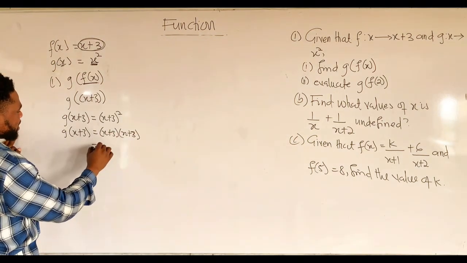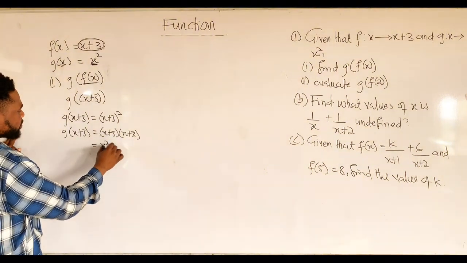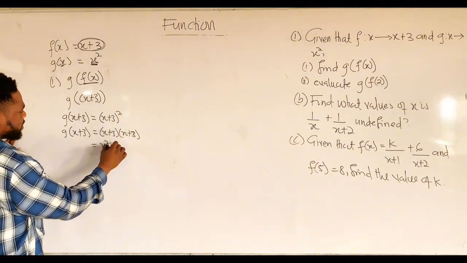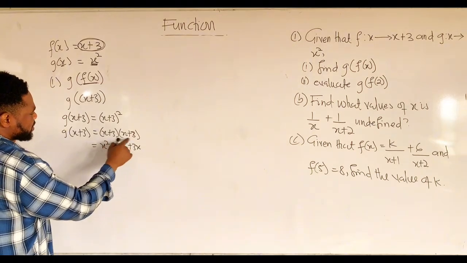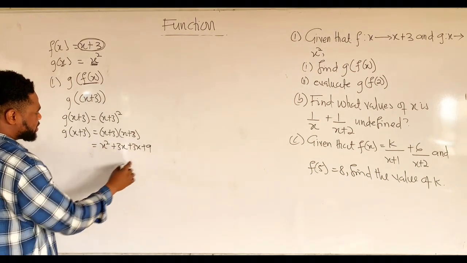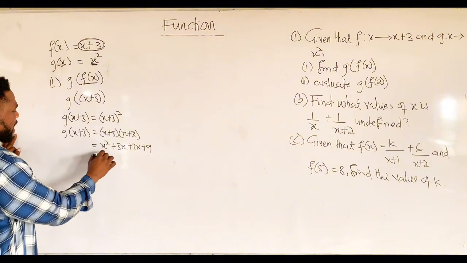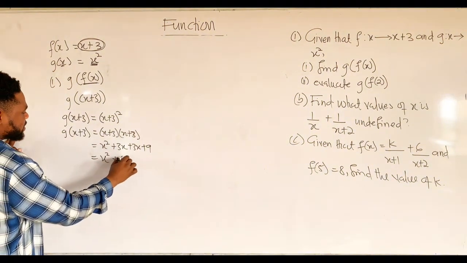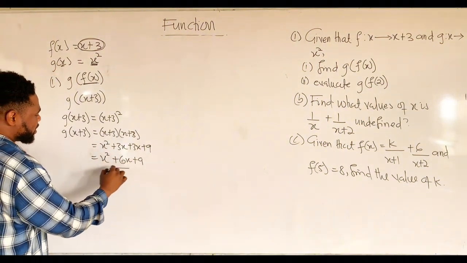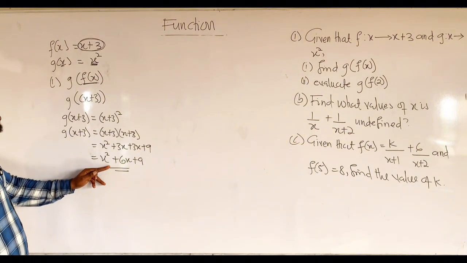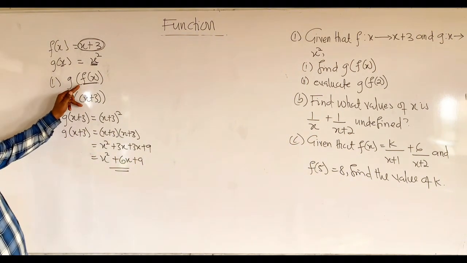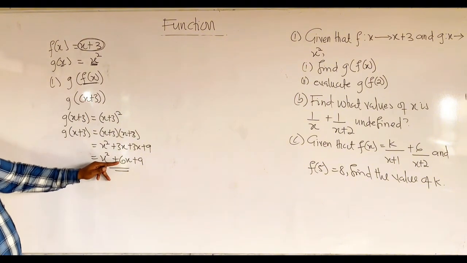So we can break this as x squared plus 3x plus 3x plus 9, and we are going to have x squared plus 6x plus 9. And our g of x plus 3 will give us this, or in natural sense, g of f of x will produce this.